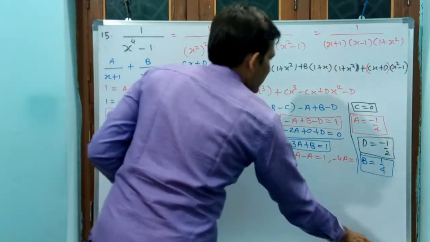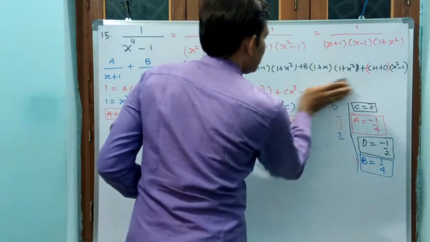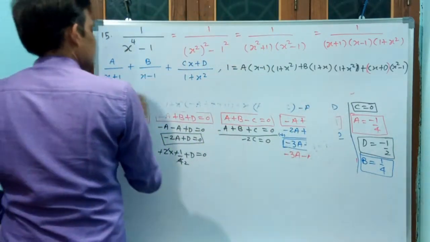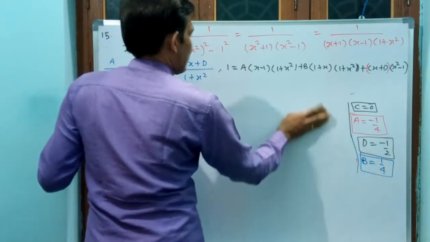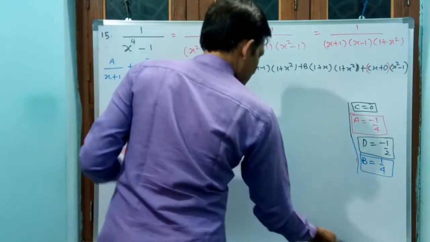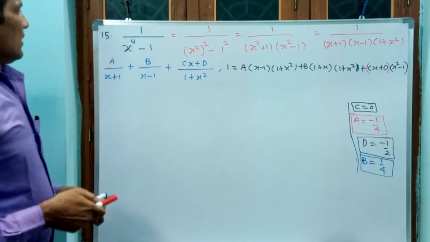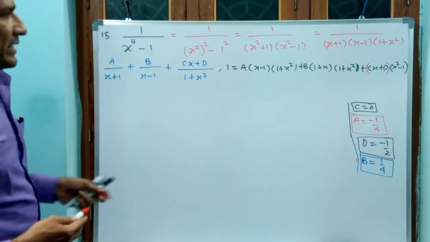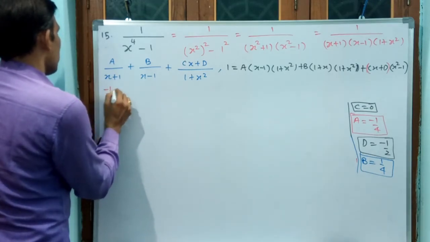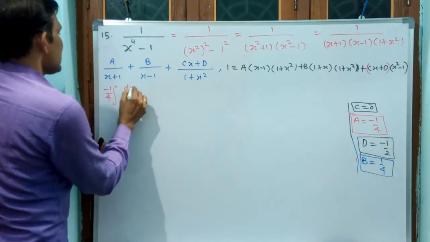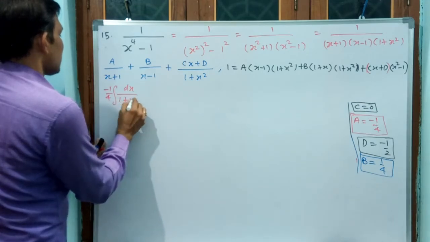Let us take a is minus 1 by 4, so minus 1 by 4 integral dx by 1 plus x, or x plus 1.